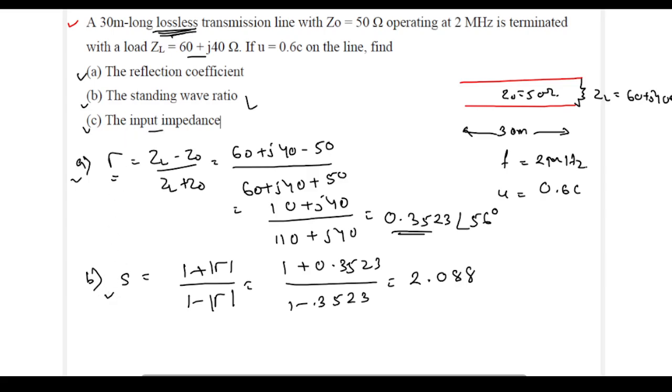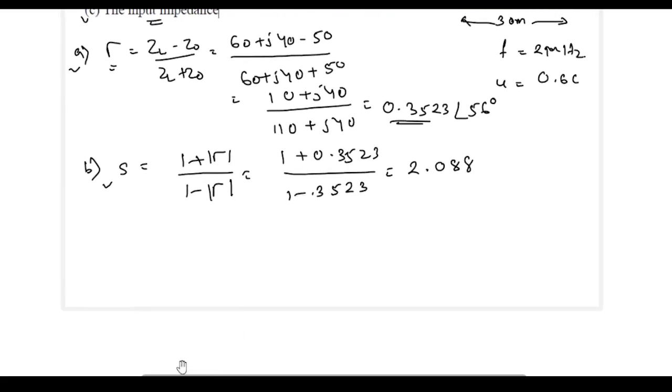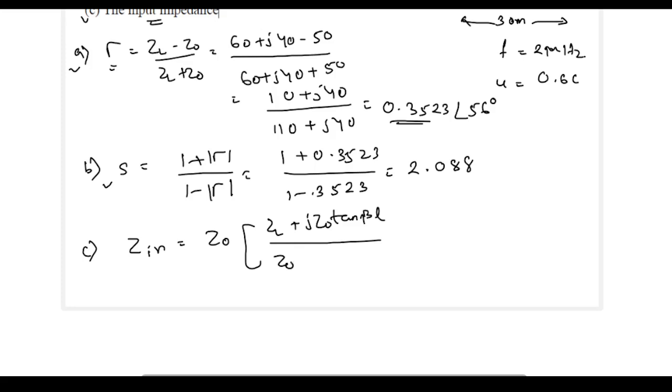Next is to find the input impedance. We can use the standard formula. Let us write that first. The input impedance Zin is equal to Z0 into ZL plus jZ0 tan beta L, divided by Z0 plus j into ZL tan beta L. Here hyperbolic terms are not used because the question already says it is a lossless line.